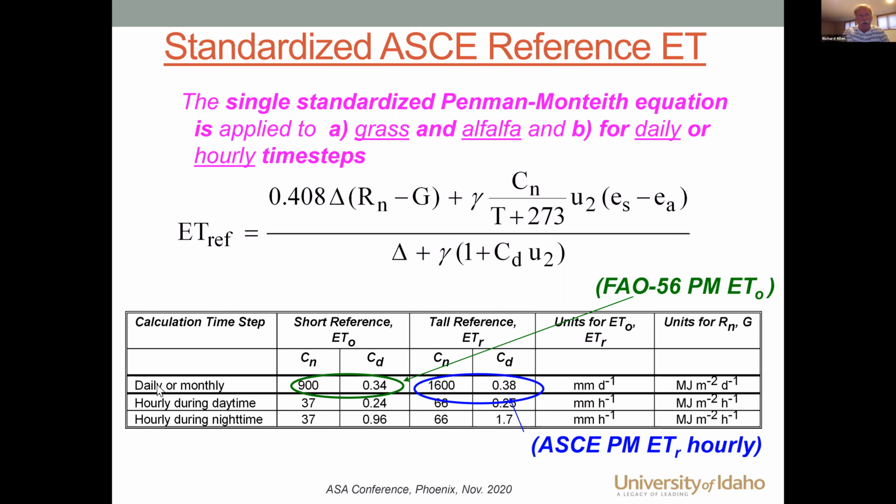If one is calculating on a daily time step basis with daily time step weather data, here are the factors or coefficients for the short reference and tall reference. And then if one is calculating with hourly or shorter time period data, one uses a different set of coefficients. And then at nighttime, when there's less stomatal conductance, one can shift the denominator coefficient.